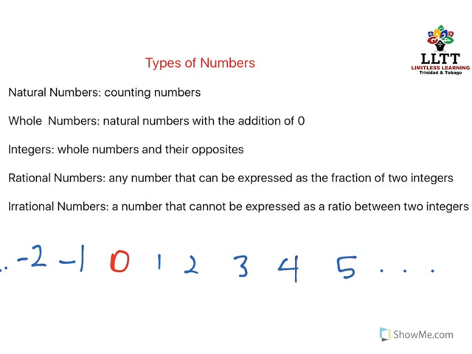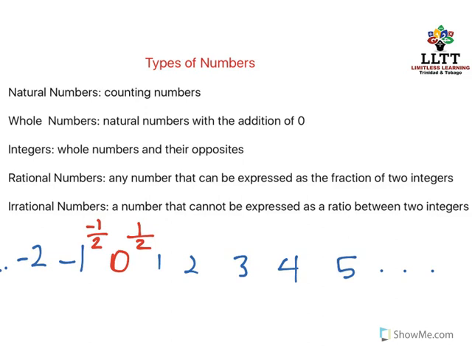For example, 1/2 is a rational number because we used two integers, the number 1 and the number 2, to come up with a new number, which is a rational number. -1/2 is also a rational number because we would have used two integers, -1 and the number 2, to come up with that rational number. So rational numbers are like fractions. Basically, once you can express it in fraction form, it's a rational number.